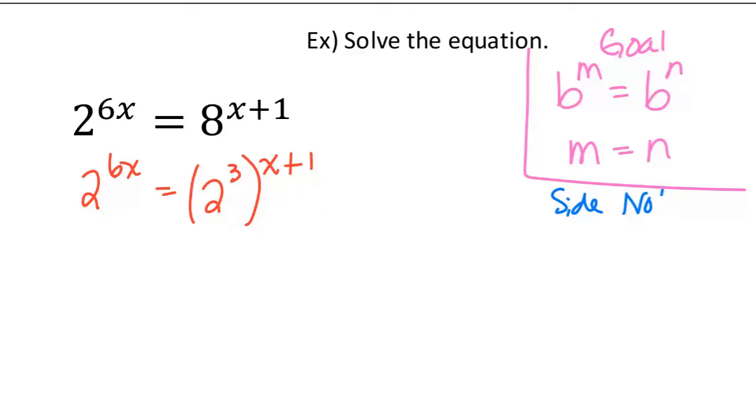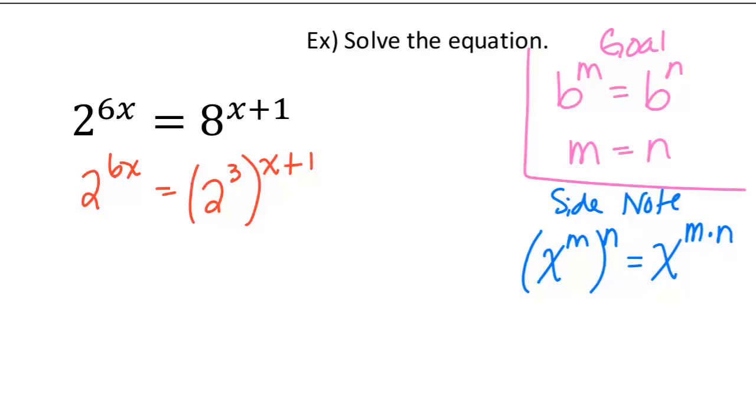My side note here, I'm going to write it out again. If this was x to the m raised to the n power, what do we do to the exponents? Multiply them, right? This is m times n. In all the previous examples, it didn't really matter because it was just an x, right? But this one you have to be careful because you have an x plus 1.